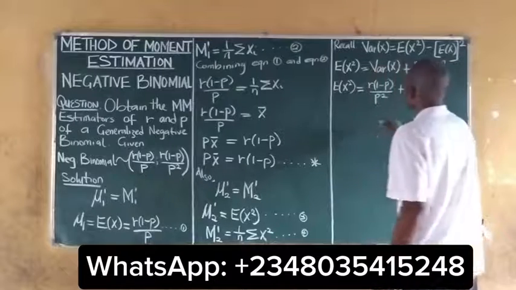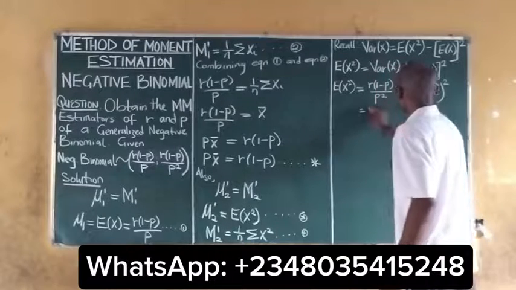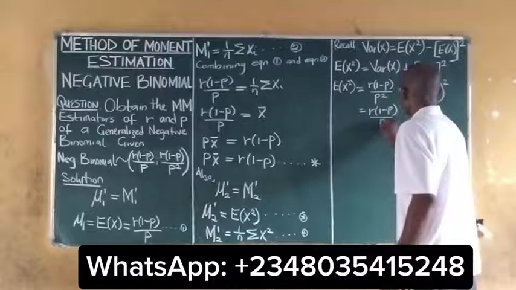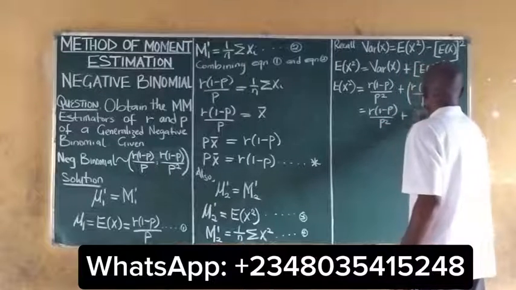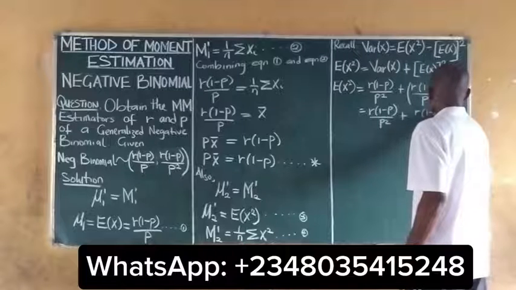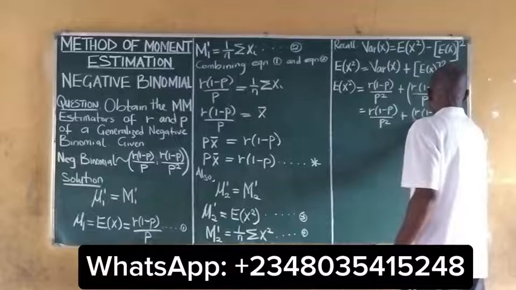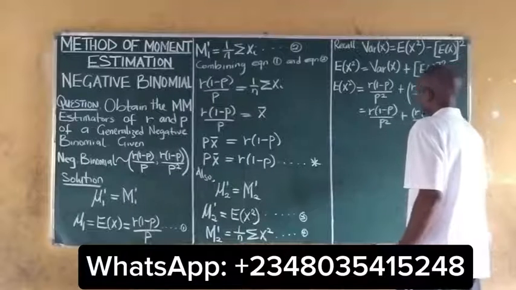It then means that if we open this bracket, we get r(1 minus p) all over p squared plus, say, (r(1 minus p)) all squared all over p squared.